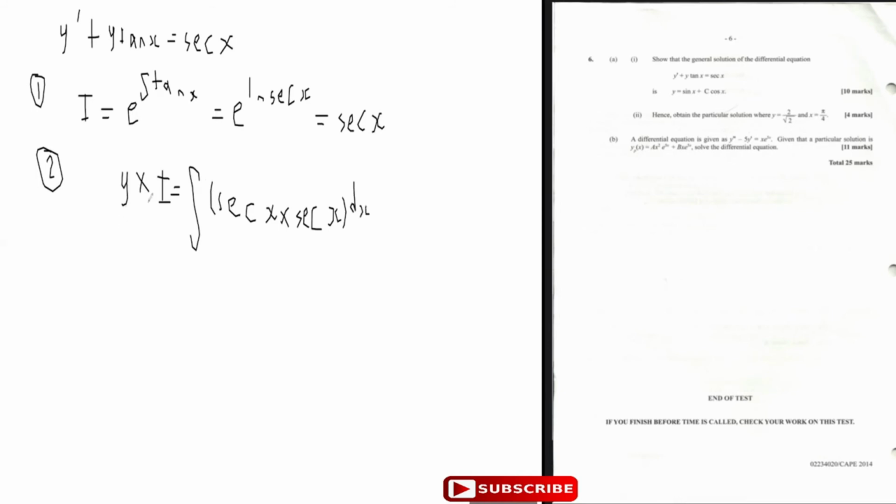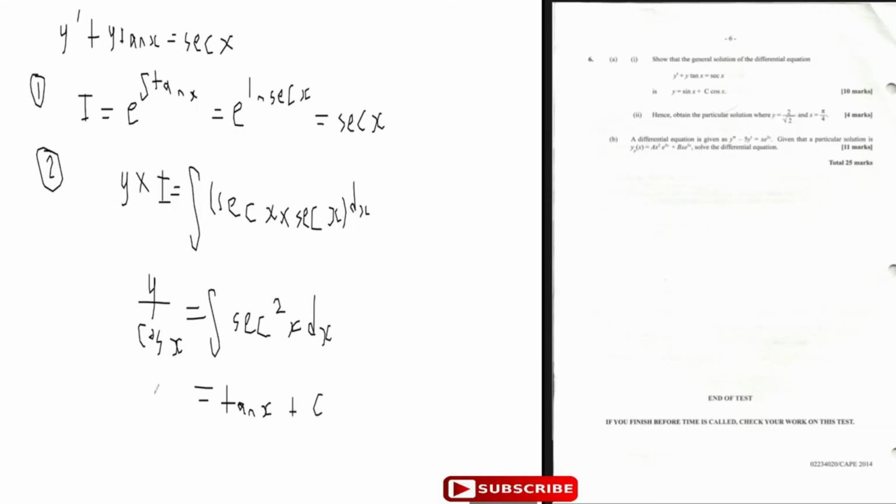So what we're getting is y times sec x is really y over cos x, because sec is 1 over cos. So y over cos x is equal to the integral of sec times sec, which is sec squared x. Now when you differentiate tan x, you get sec squared, and so when you integrate sec squared x, you get tan x plus some constant c.